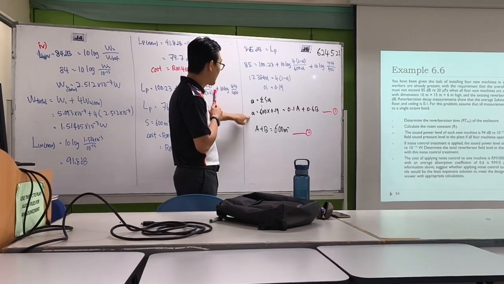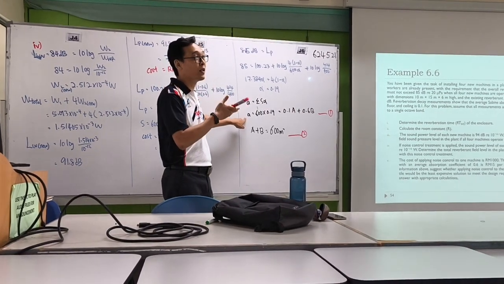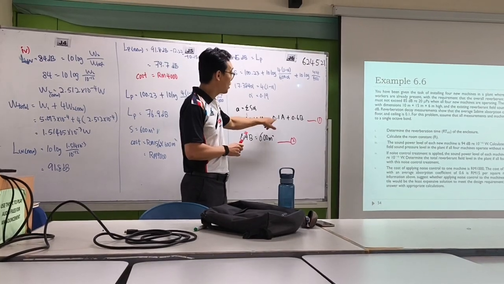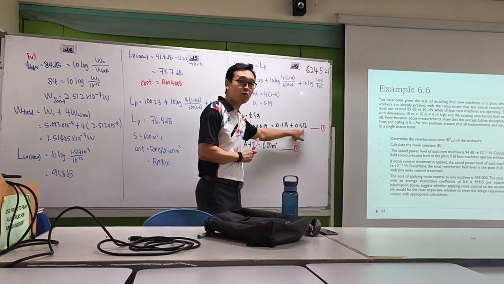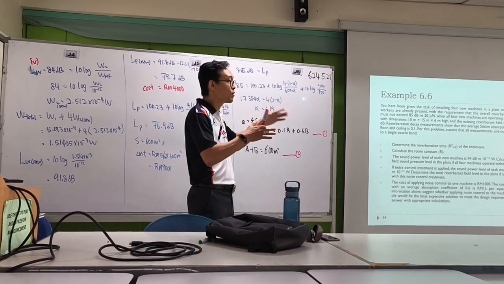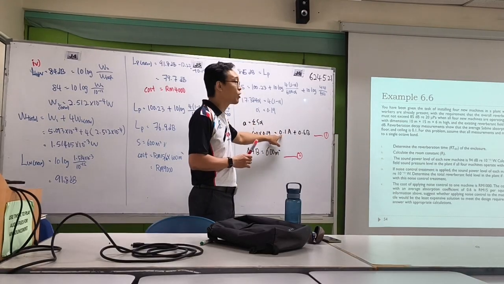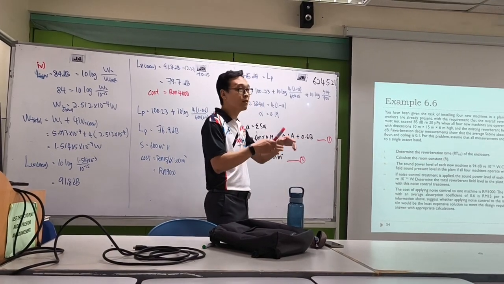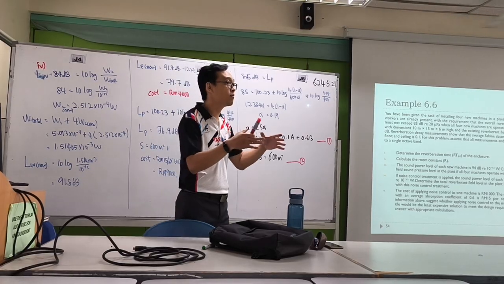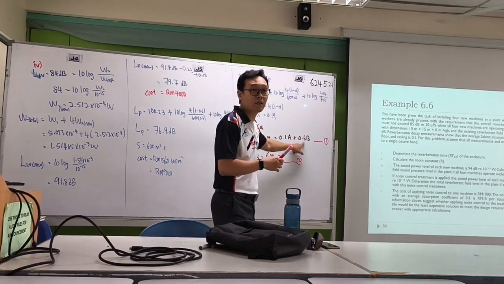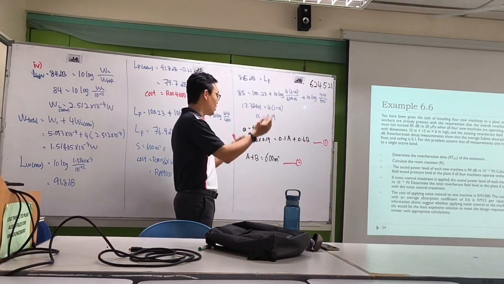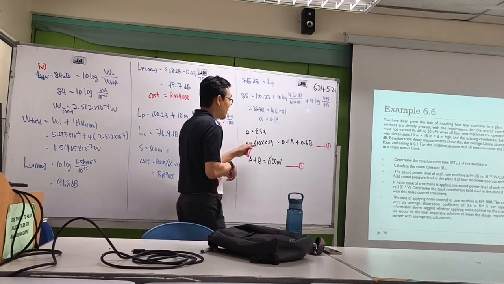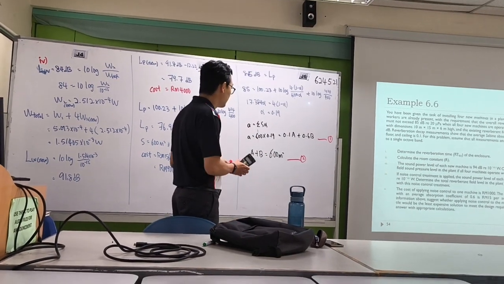So I get the value of A. A means the sound absorption, Sabine. 0.19 times 600 is equivalent to 0.1A plus 0.6B. 0.1A is the surface area not covered with the acoustic tile. 0.6B, B is the total surface area covered with the acoustic tile. And I know that the total surface will be equivalent to 600. Okay, now I solve the question.